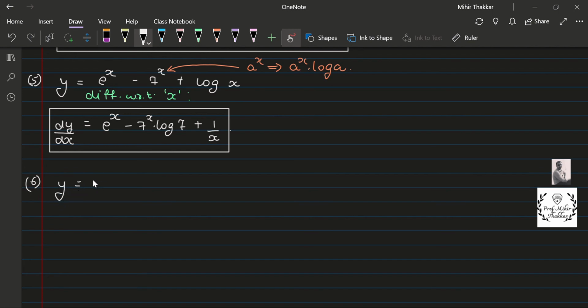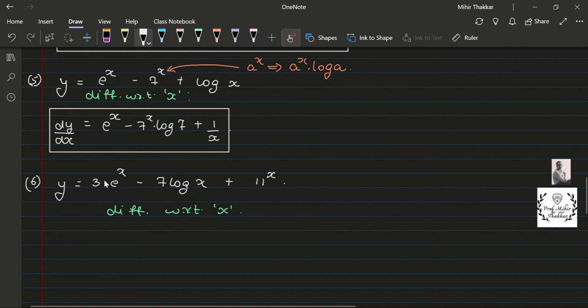If I have y equal to 3 into e raised to x minus 7 log x plus 11 raised to x. Once again, I will say differentiating with respect to x.